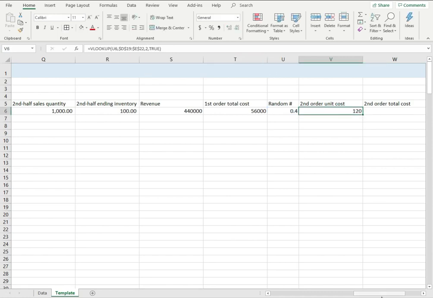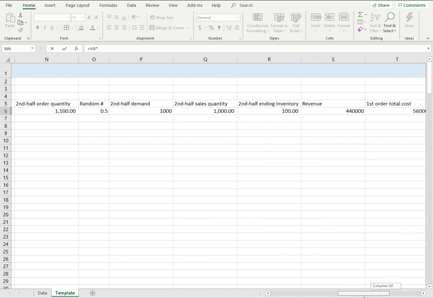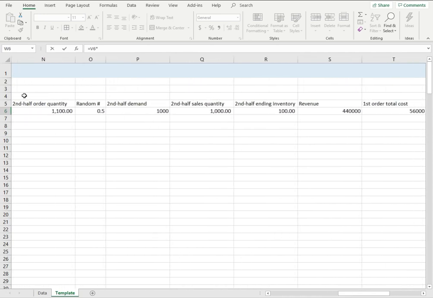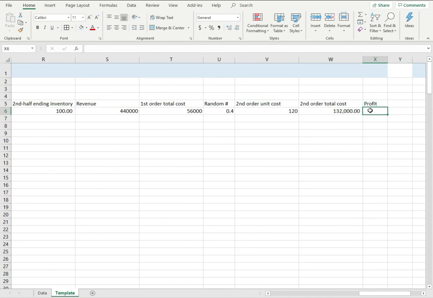That's the simulated unit cost, and the total ordering cost in the second order is simply this unit cost times the second half order quantity. All right, so finally the profit is simply revenue minus both costs, first and second.